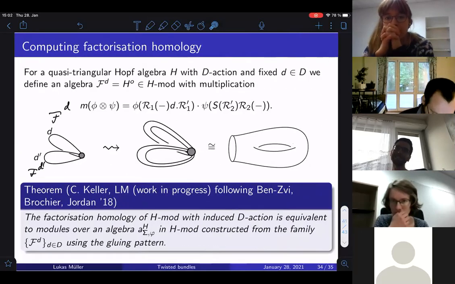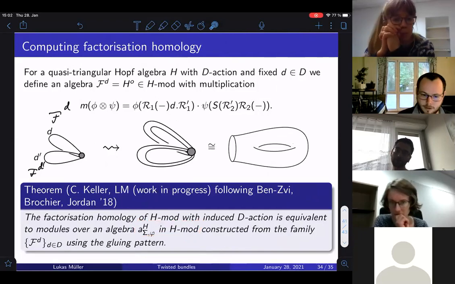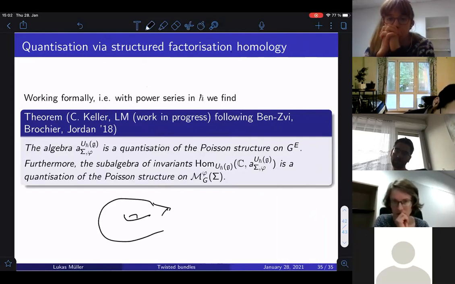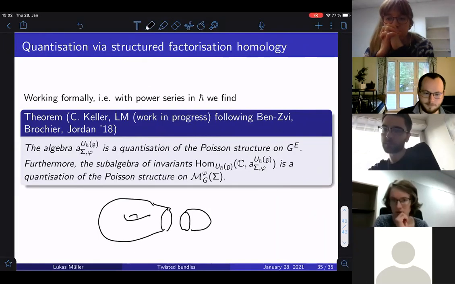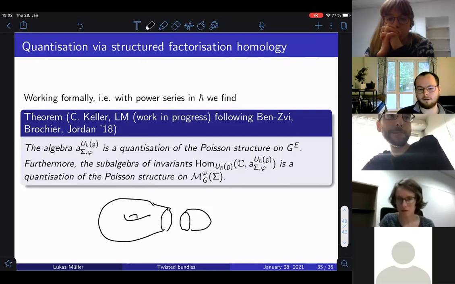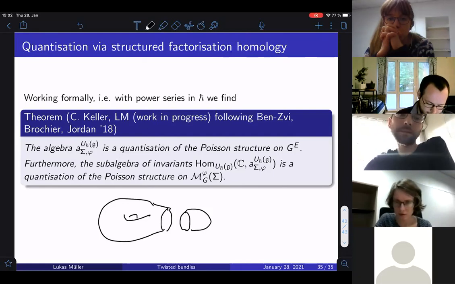And this also allows this theorem, which says that we can describe them as modules over a simple algebra. What you can do is, if you have a surface which looks like this, you can just glue in a disk like this. Okay, my drawing is extremely bad. And so in factorization homology, these gluing things just tell you that you need to compute a relative tensor product.